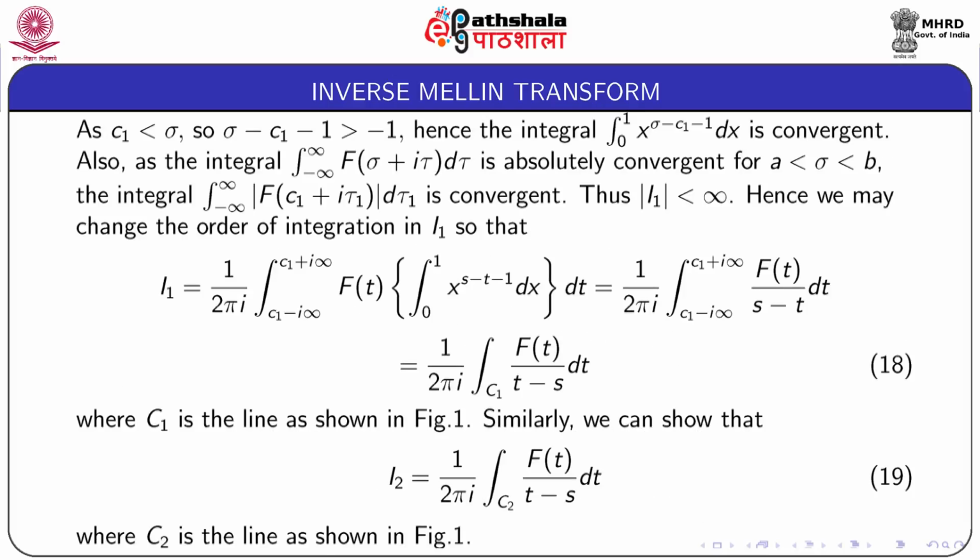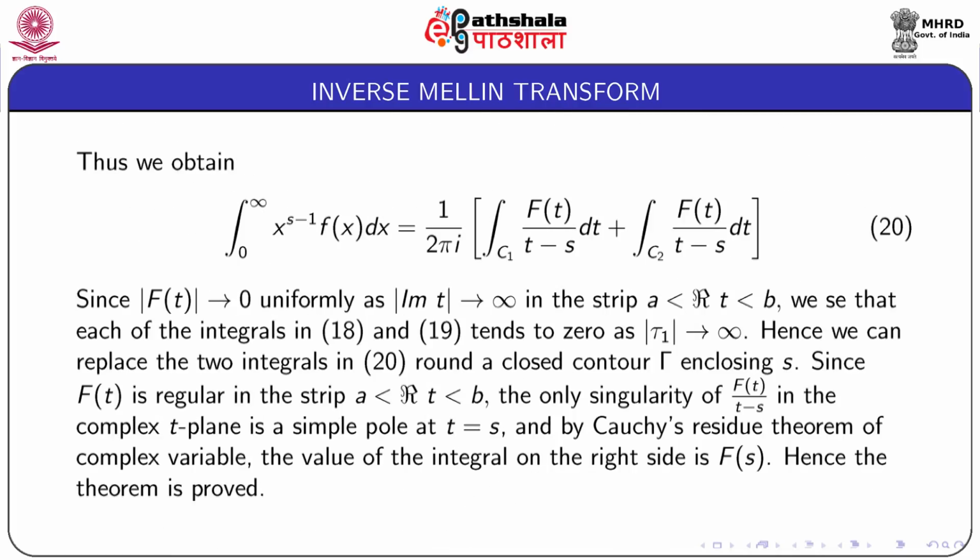After substituting the value of I1 and I2 from 18 and 19, we obtain this as 1 by 2 pi i integral over C1 Ft by t minus s dt plus integral over capital C2 Ft by t minus s dt as given in equation 20.